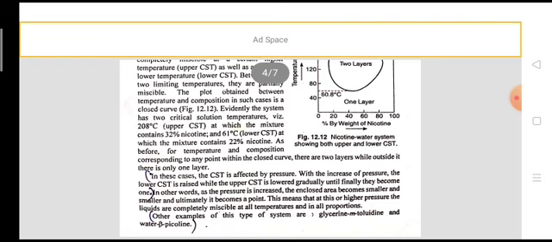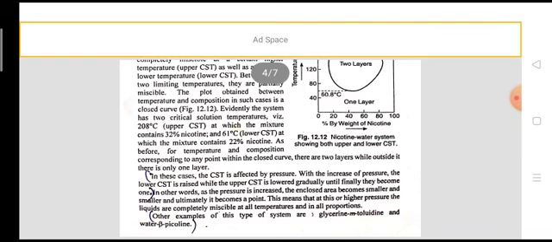In this case, the CST, that means critical solution temperature, is affected by the pressure. With the increase of the pressure, the lower CST is raised while the upper CST is lowered. Once again I repeat, in this case the critical solution temperature is affected by the pressure.